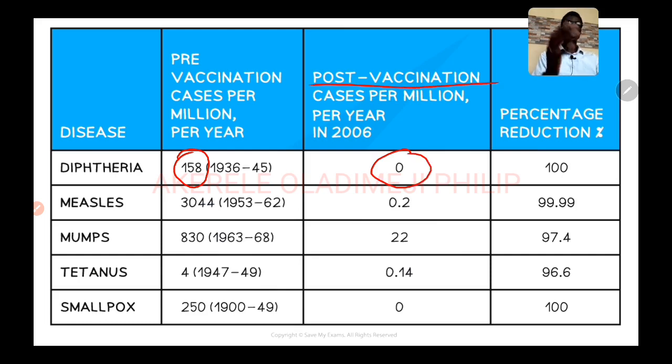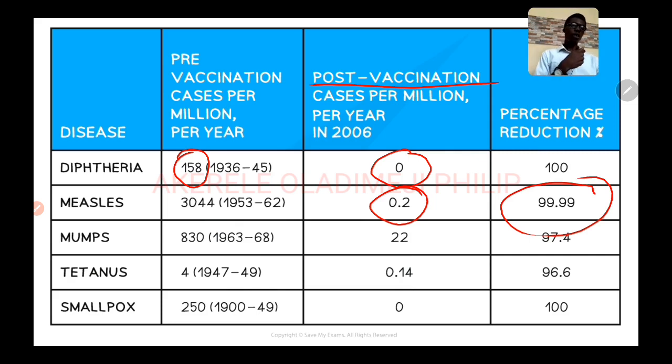When you say post-vaccination cases, it means after people have been vaccinated, it reduced totally. That's like 100% reduction. Look at measles, it reduced to 0.2. The cases left are about 0.2, so that's like a 99.9% reduction.